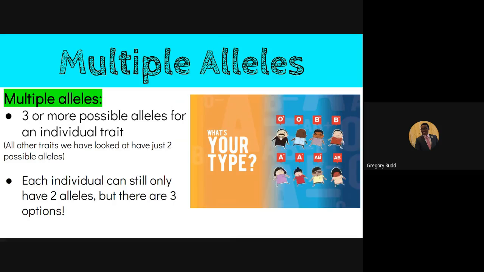Now, of course, every human being only gets 1 copy from each parent. So you still only have 2 alleles, but there are more than 2 possible alleles. Maybe there are 3 or 4 or 5 or so on. The most classic example of this is blood type, where we have 3 possible alleles, A, B, and O.